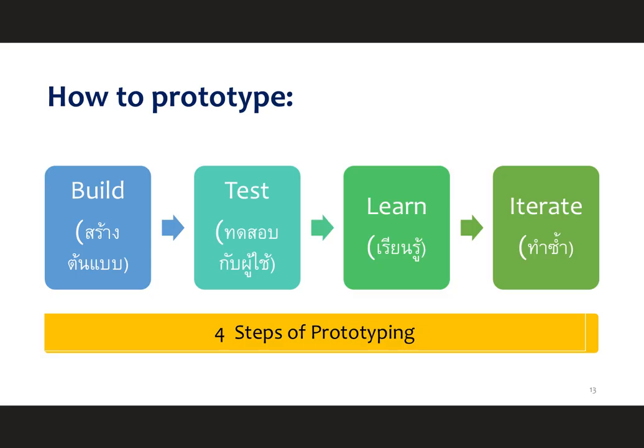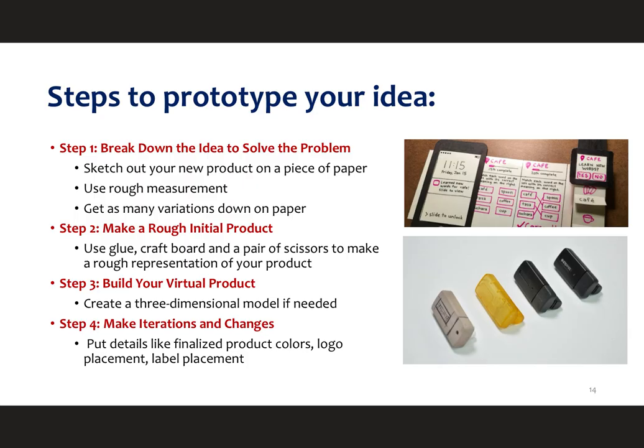The final prototype obviously will be used for making the impression in the final presentation. In the prototyping process, normally you start by breaking down the idea to solve the problem and try to sketch it out on a piece of paper. Use rough measurements and get many variations.